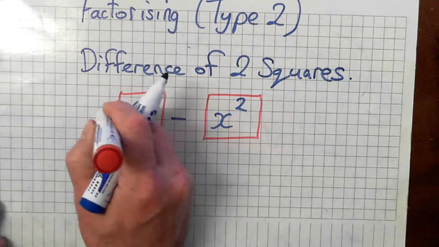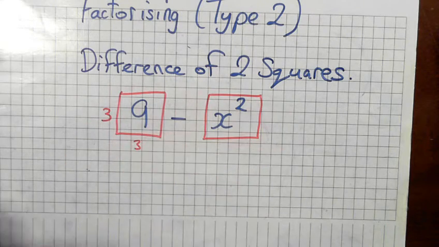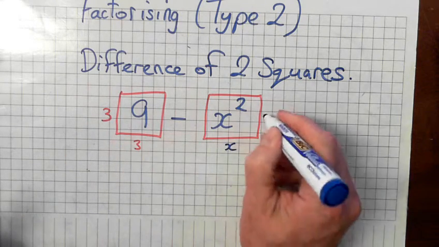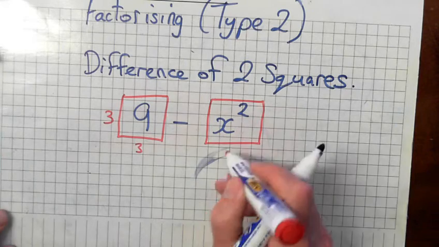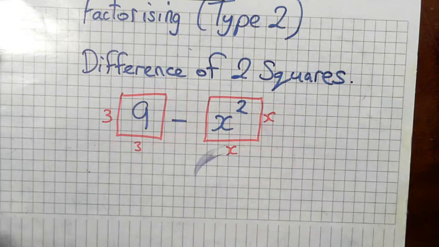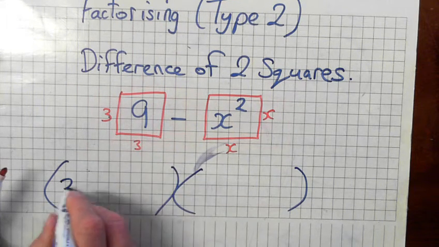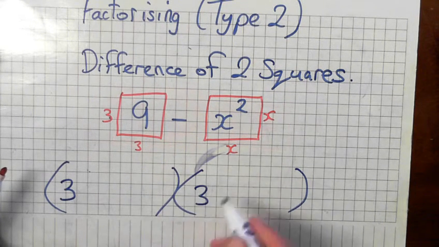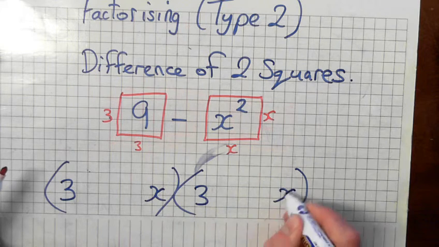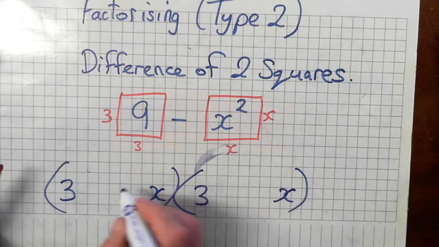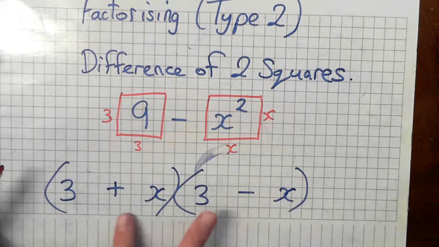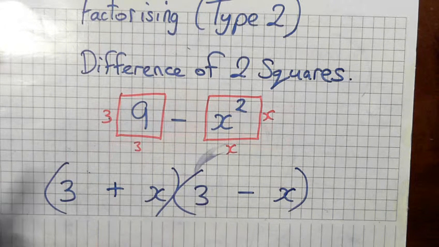So 9 is 3 by 3, isn't it? And x squared is x times x. Right, brackets. So we'll put 3 in the first position, x in the second position. To get a minus, I need a plus and a minus, or a minus and a plus. Is that okay? That's the hardest sum I see there.